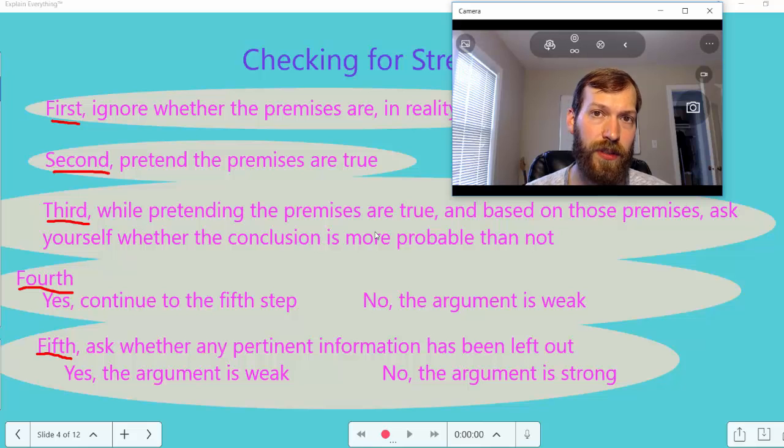So did this person leave out information that would give us pause about whether the conclusion was strong, so it's relevant to weakening the inference? And if the answer is yes, then the fact that we didn't give that information to the audience when we're aware of it, or when the person giving the argument is aware of it, then the argument is weak. But if not, if that information is not left out, then the argument is strong.